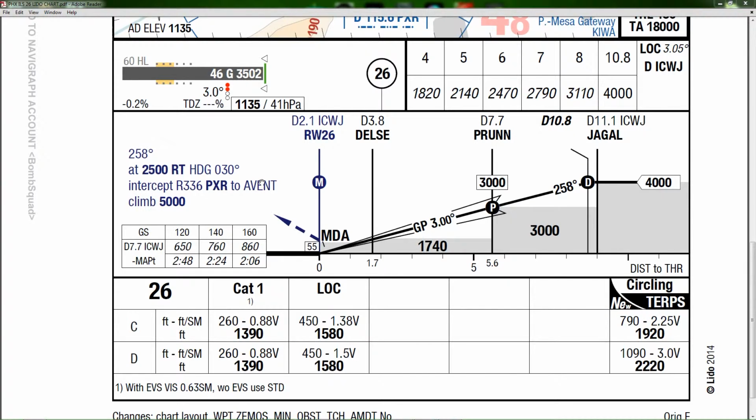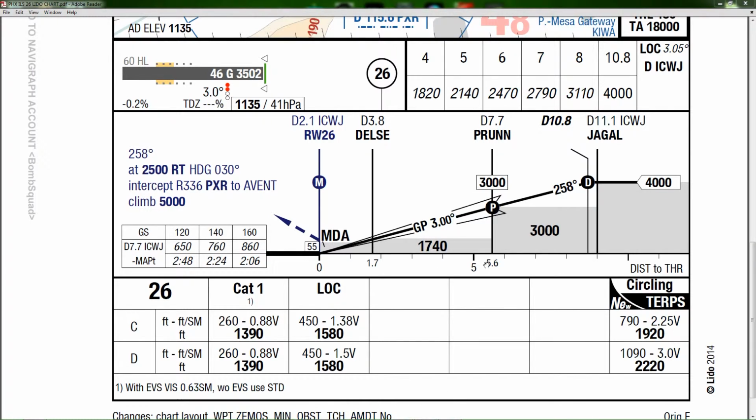So last thing I want to do real quick, just cover this profile view here. We've talked about it a little bit last time, and we've got our minimum altitudes, 4,000 feet at Tel Jigal, 3,000 feet at Prune, and so on. Okay, this is our minimum decision altitude right here based on this information.